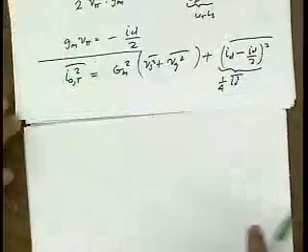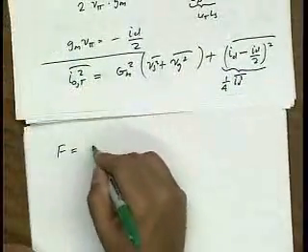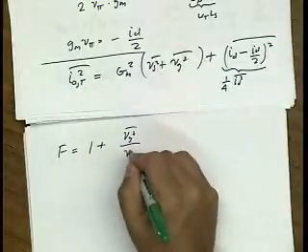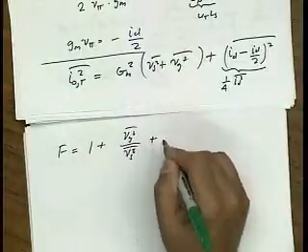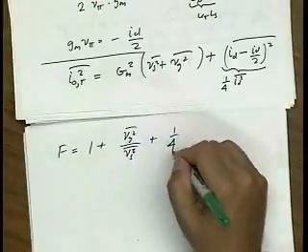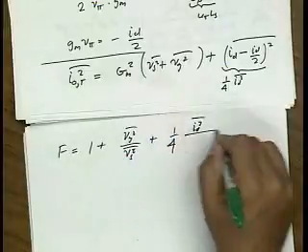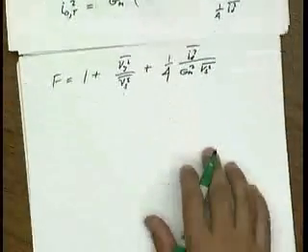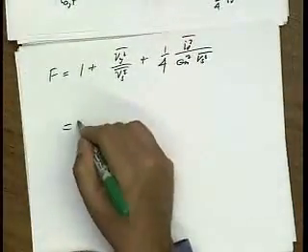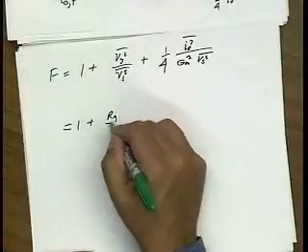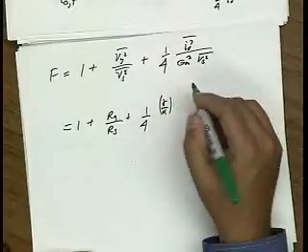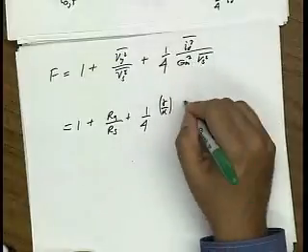Okay, so now let's figure out the noise figure. F is, again, just like before, 1 plus gate noise over source noise, plus 1/4 drain noise divided by GM squared source noise. And again, we substitute. This is RG over RS. This is gamma over alpha times GM.